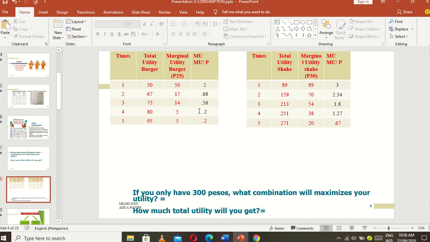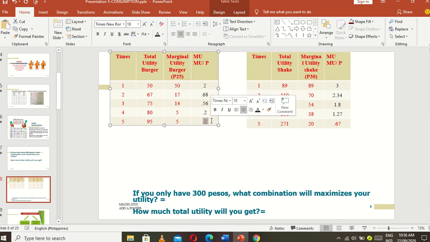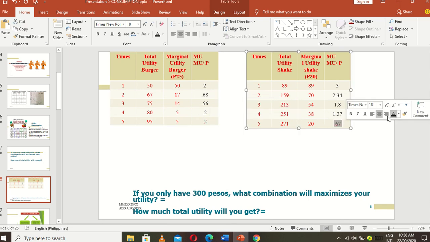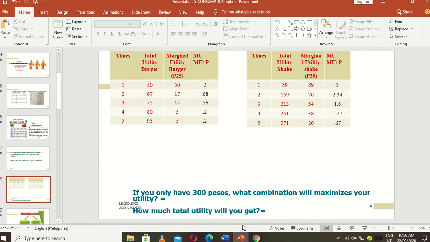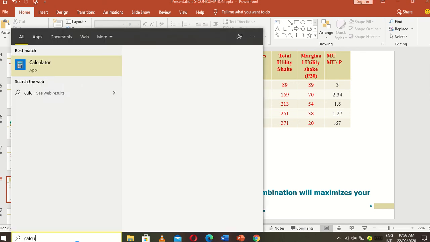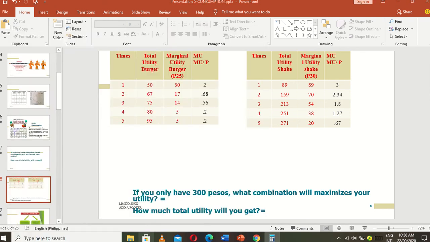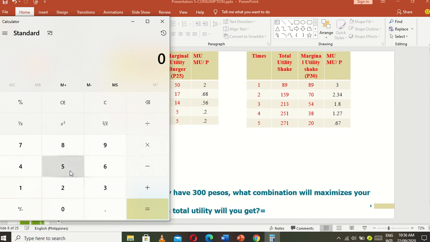So what if bilhin natin lahat? 5 shake tsaka 5 burger. So 5 times 25 makes it 125.